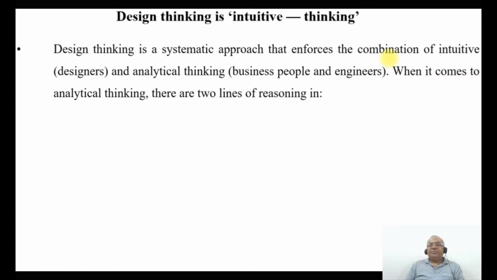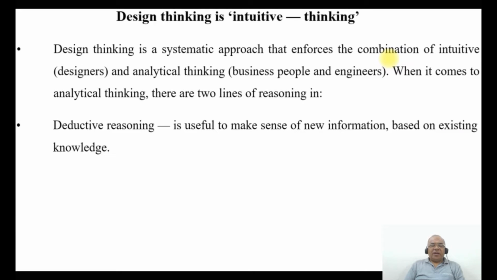That is the outcome. When it comes to analytical thinking, there are two lines of reasoning. Number one, deductive reasoning, which is useful to make sense of new information based on existing knowledge.